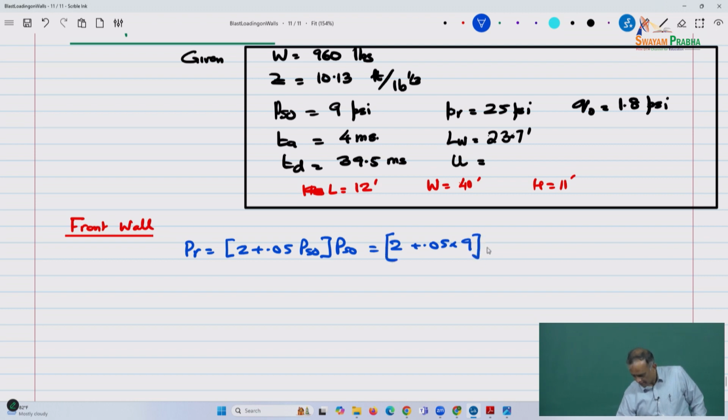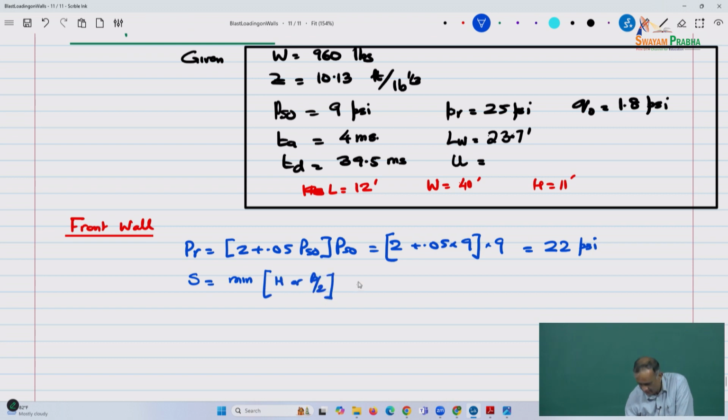I have calculated these out. So you can check though, 22 psi. Then S is the minimum of H or B by 2, which is the minimum of either 11 or 40 by 2.